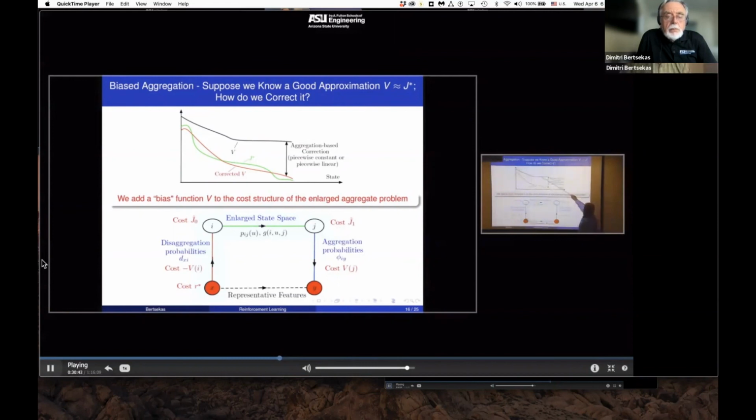Now, suppose you know a V that more or less captures the shape of J star. Then you may consider using aggregation to build a correction, a correction to this V that will approximate J star. And how do you do this? You can do it very simply, by modifying the cost structure of the aggregate problem to add this V in the up transitions and subtract this V in the down transitions.